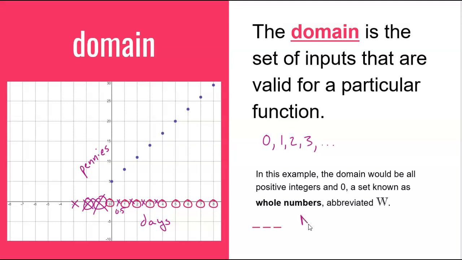So natural numbers you might see as capital N, real numbers you might see as capital R, whole numbers as capital W. You don't need to remember any of that. All you need to know is how to write the increasing integers that are the domain. So 0, 1, 2, 3, ... That will describe our domain in this case. If you remember it's whole numbers, that's cool too.